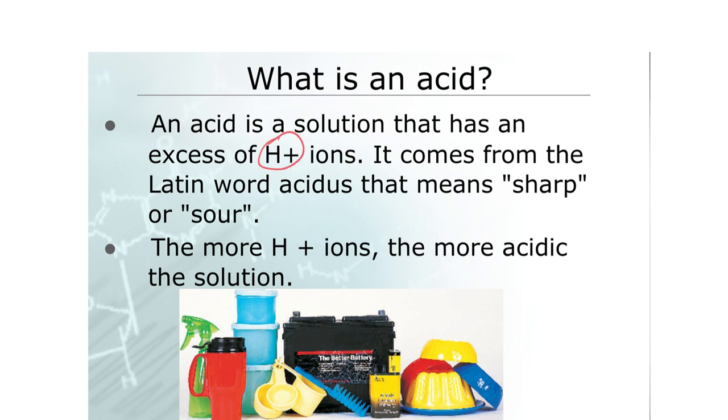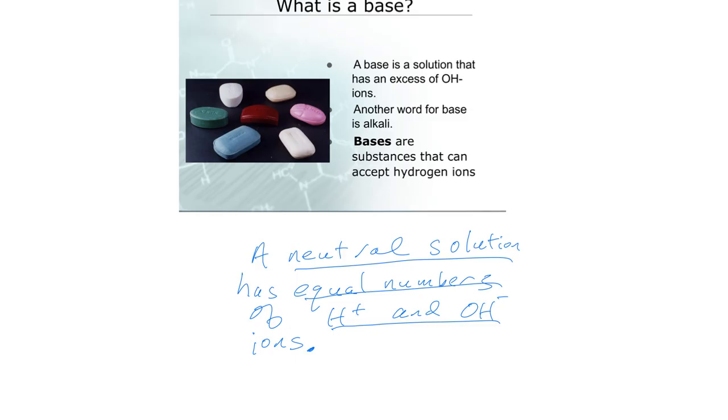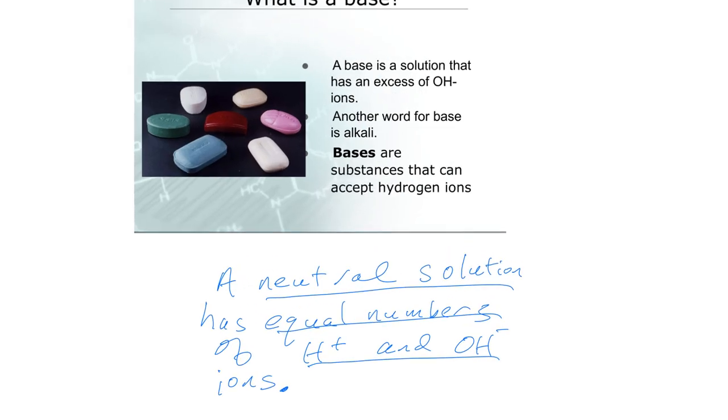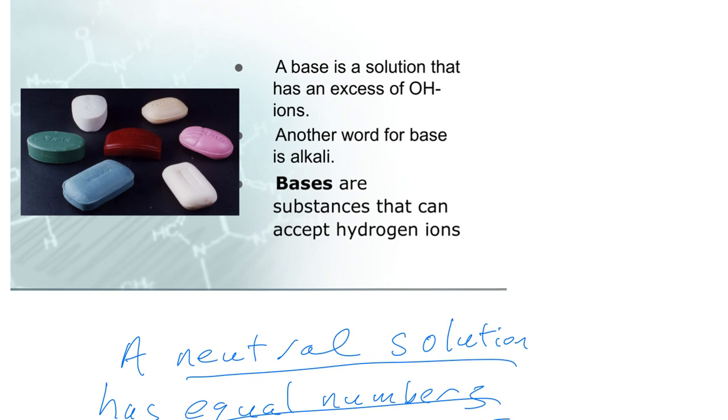Okay, an acid is a type of solution that has a lot of hydrogen plus ions. Hydrogen that has lost its one electron. The more H plus ions dissolved in water, the more acidic something is. A base is a solution that has an excess of this kind of ion, hydroxide ion, OH minus.